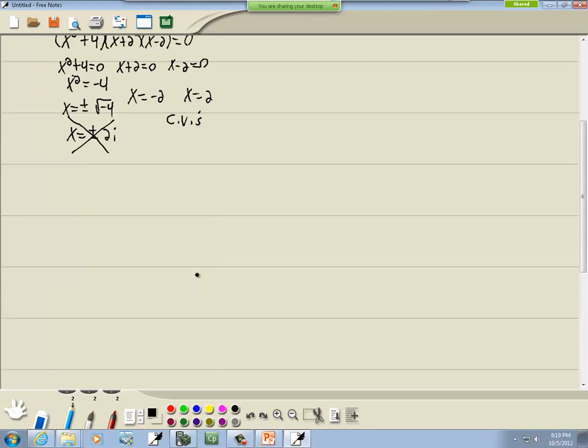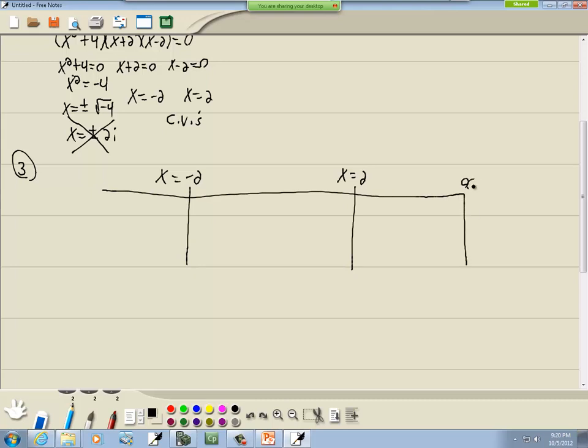Well, let's build a table of intervals. So we got negative 2, and we got positive 2. And this is infinity, and this over here is negative infinity. Now we want to pick test cases. So I want to choose a value between negative infinity and negative 2, like negative 3.